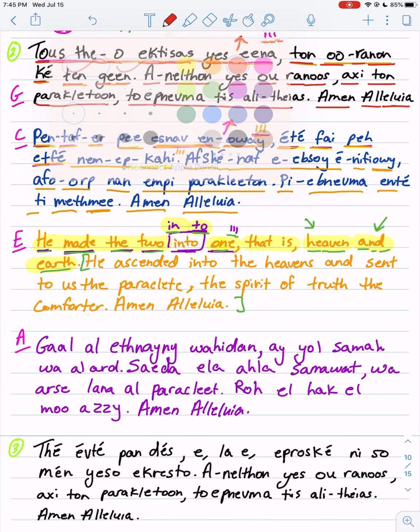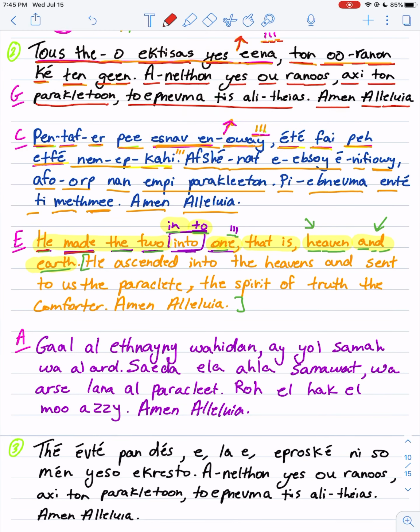And let's use red for this time. He made the 2 into 1. That is heaven and earth.